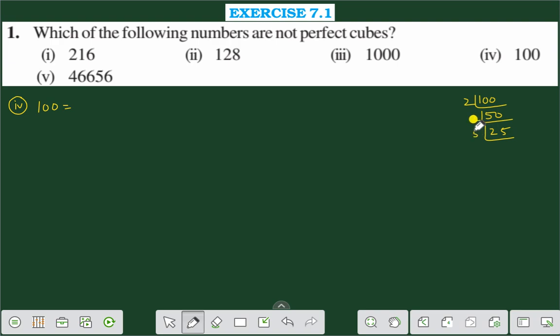Therefore, we are getting 2 into 2 into 5 into 5, that is 2 to the power square into 5 to the power square.